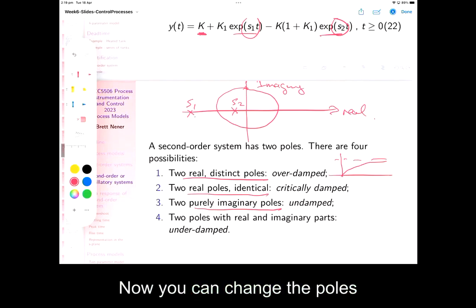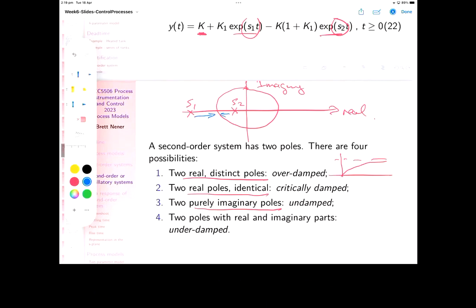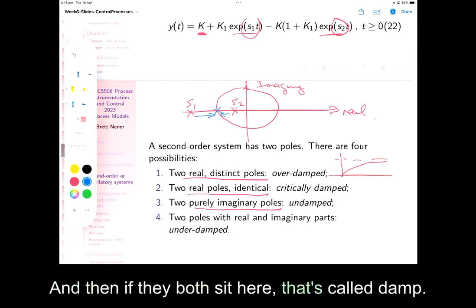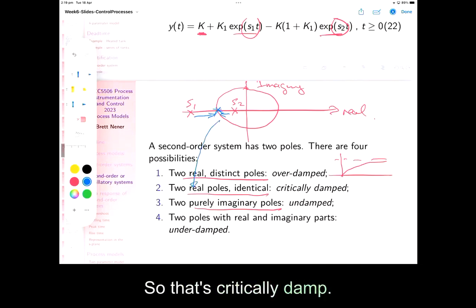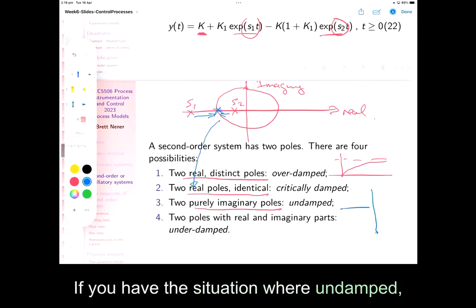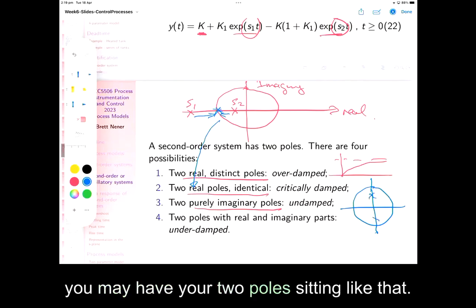Now you can change the poles so that they move toward each other, and if they both sit here, that's critically damped.